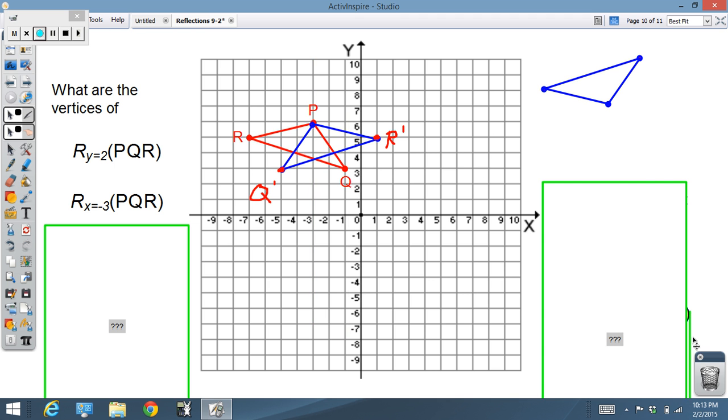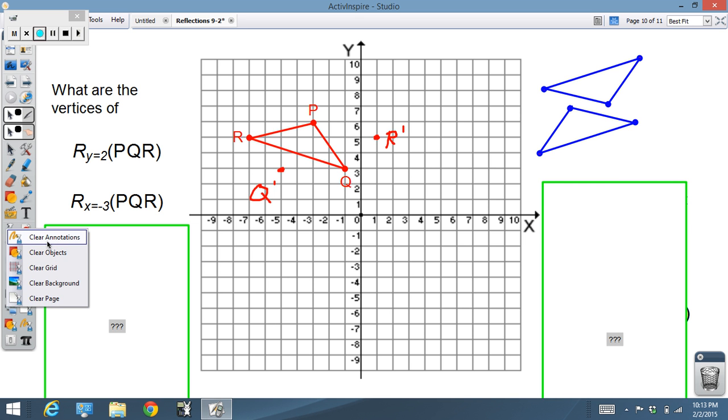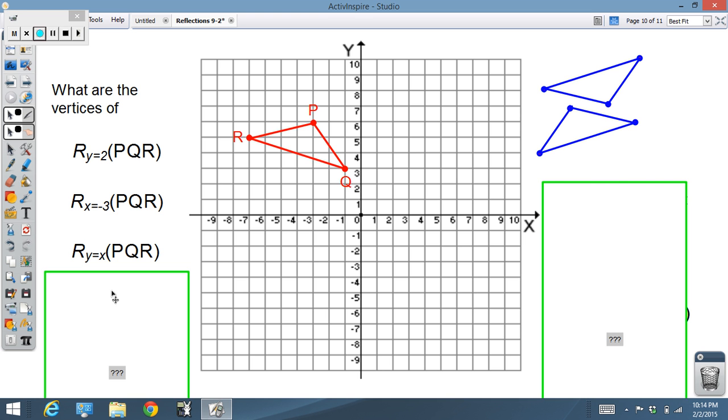Okay, we're not always going to be nice and pretty here. New example. What happens if our line of reflection is the line y equals x? Well, we better find out where our line y equals x is. Hope you guys remember this from algebra.